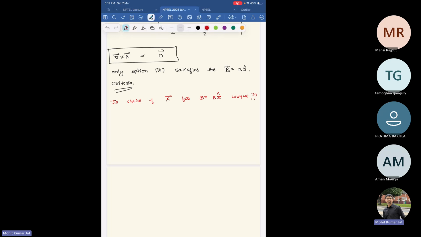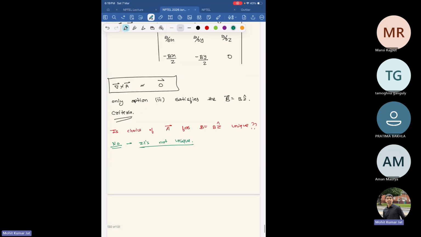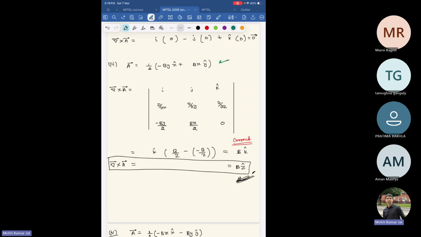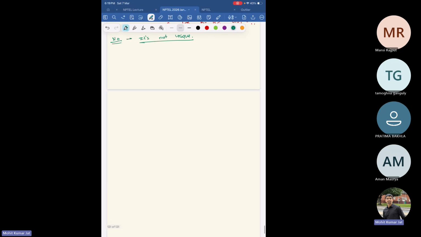So the answer is actually no. It's not unique. And how do I prove it? Okay, let's say we have B equal to Bz cap, and one of the vector potentials which satisfies this criteria is this, right? Minus By x cap plus Bx y cap. But there are multiple ones actually.